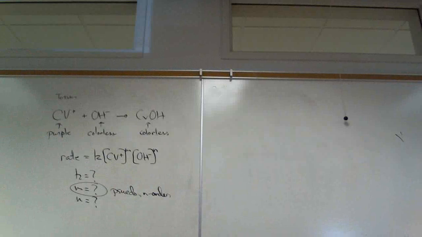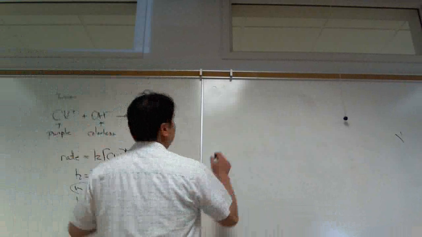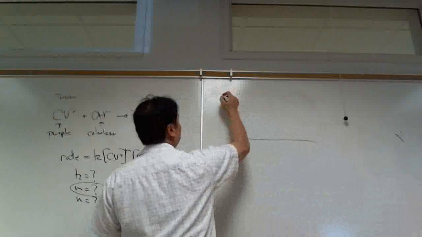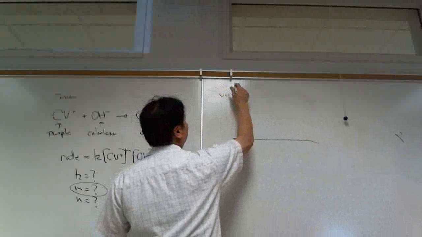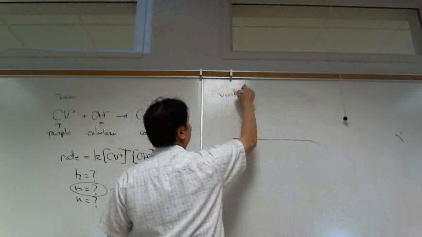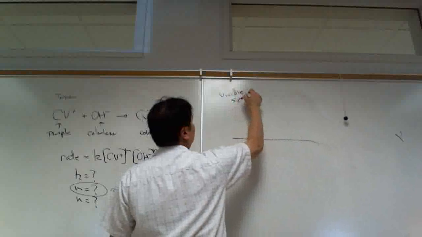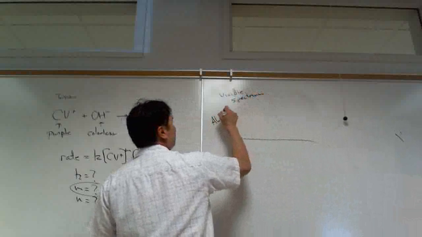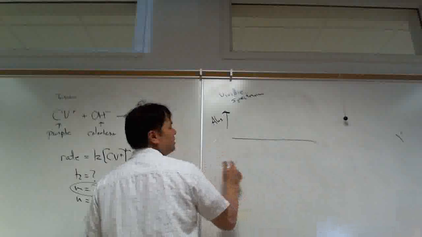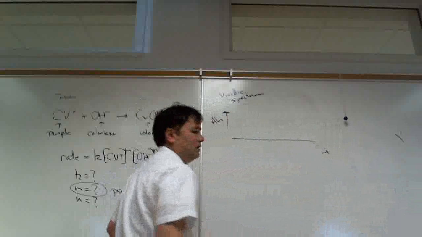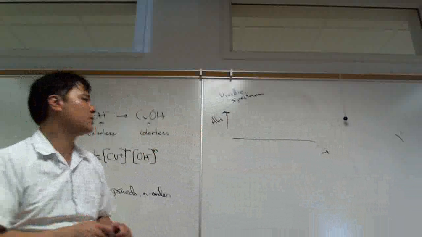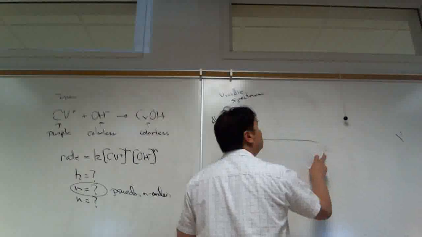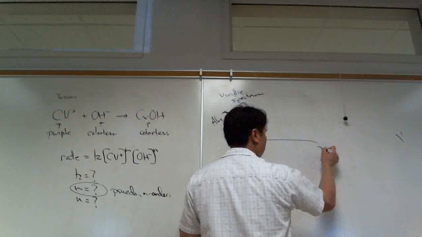And so the crystal violet has this, what we call the visible spectrum. And in the visible spectrum, we have something on the y-axis called absorbance, how much of the light it absorbs. And then on the x-axis, let's go this way.